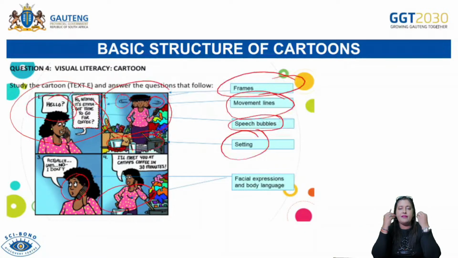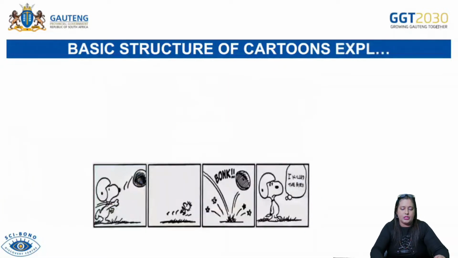Facial expression has to do with the face, everything in terms of the eyes, the nose, the mouth, and the movements that it makes, and then the body language in terms of the body. Upward shoulders, downward shoulders, open stance, all those things would indicate certain things about the character in that cartoon frame. So that is just a very simplistic way of looking at the cartoons.